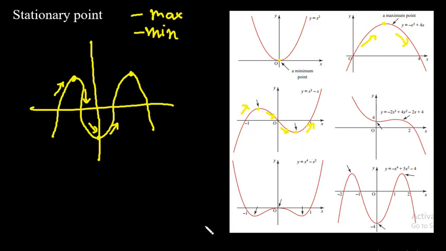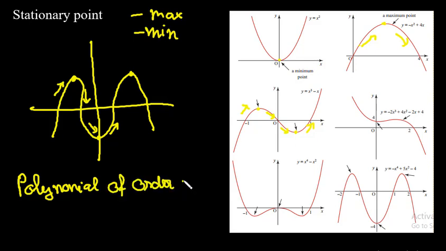Now in general, we have a rule for the stationary points of a graph. The polynomial of order n. What does the phrase 'of order n' mean? Here you can see that this equation has the highest term, which is x to the power 4.